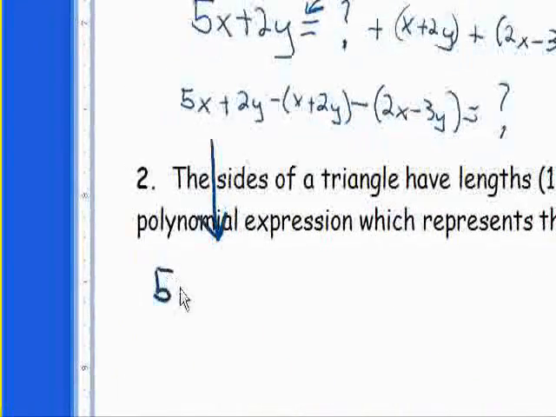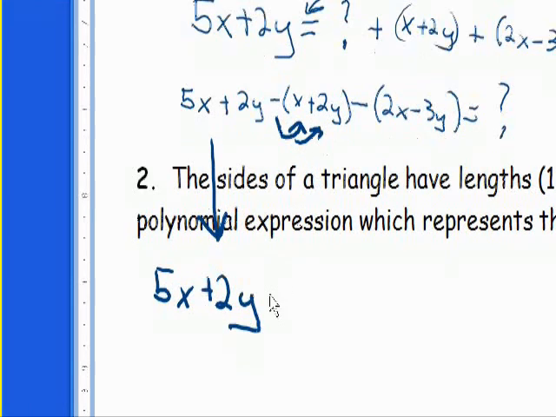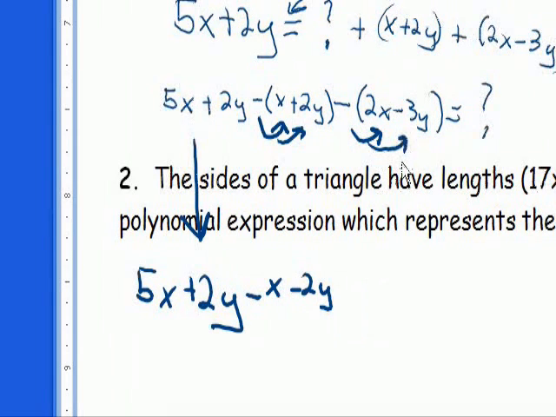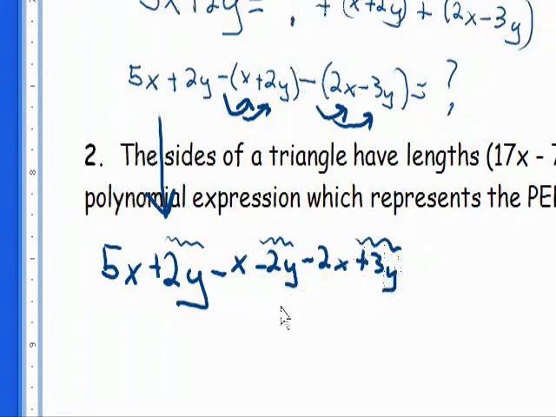So that's 5x plus 2y. We have some minus signs, so we need to work on some distribution here. So that's minus x minus 2y. And then this one distributes also. Minus 2x plus 3y. We'll combine our like terms. I'm looking at the y terms. Here's a y term, here's a y term, here's a y term.